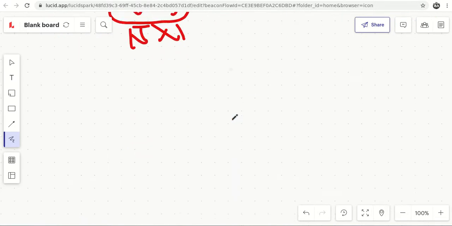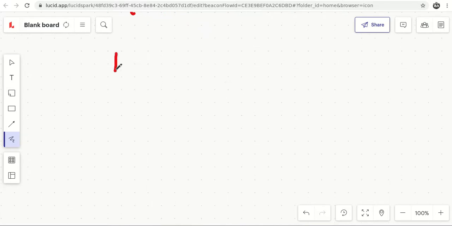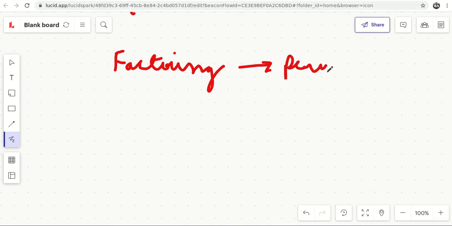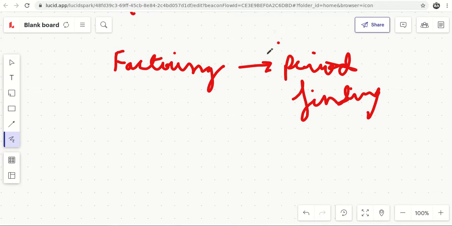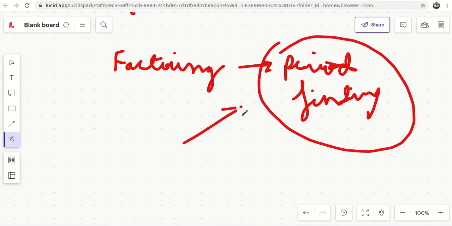But now computers want to do bigger tasks, so we convert a factoring problem to a period finding problem. And this period finding problem is solved by Shor's algorithm.